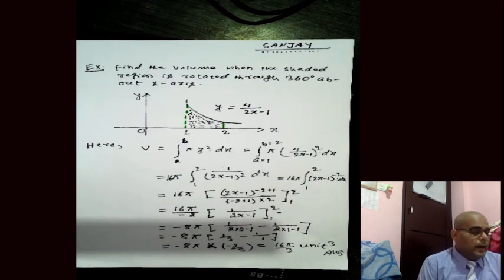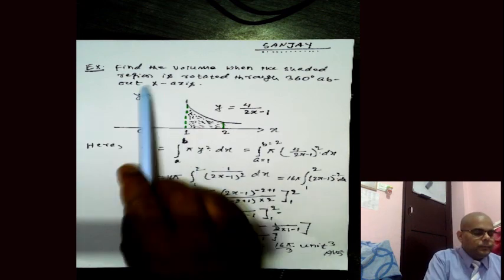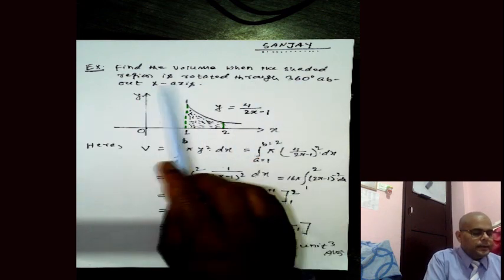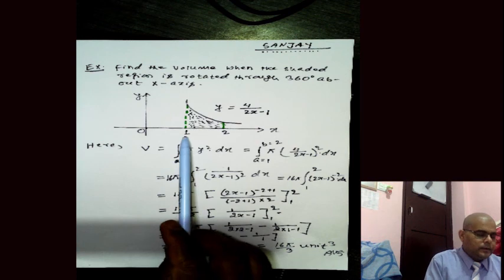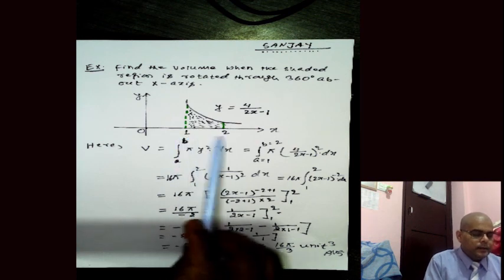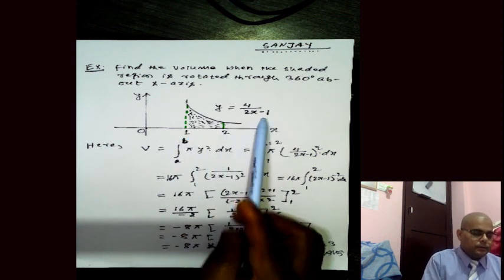Let's have a look at this example. It states: find the volume when the shaded region is rotated through 360 degrees about the x-axis. You can see in this figure that it is between x equals 1 and x equals 2, and the function is given. Do the same procedure.